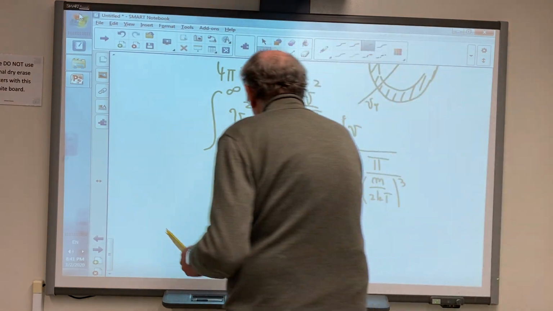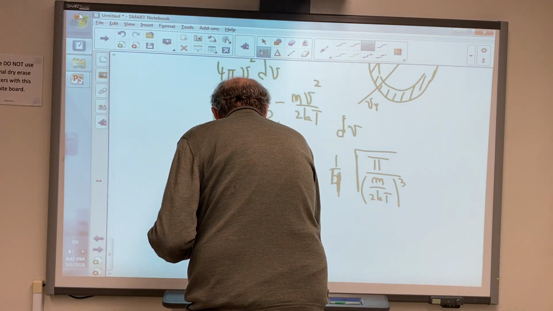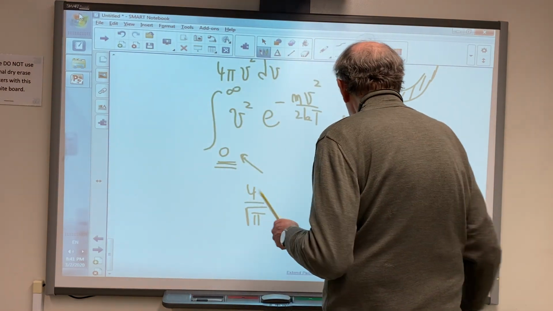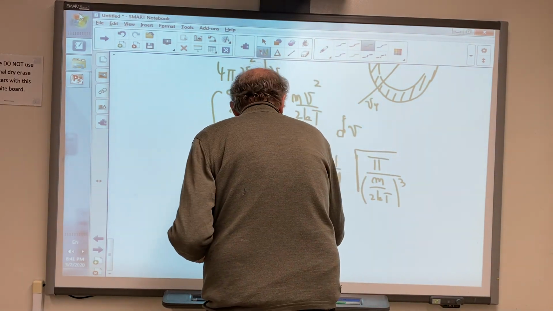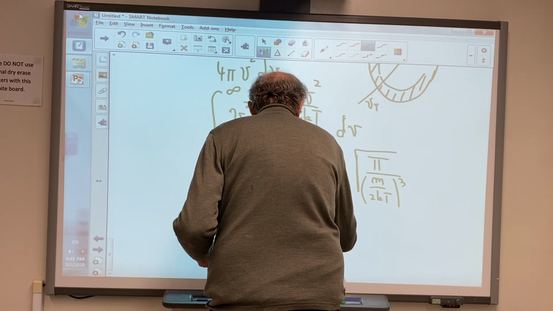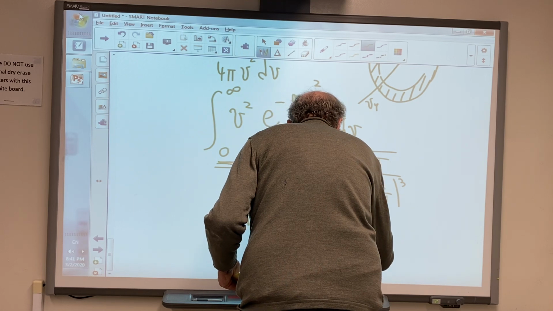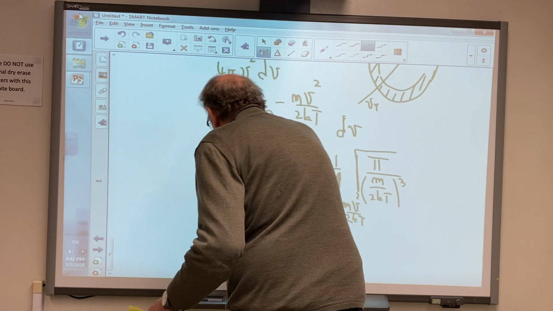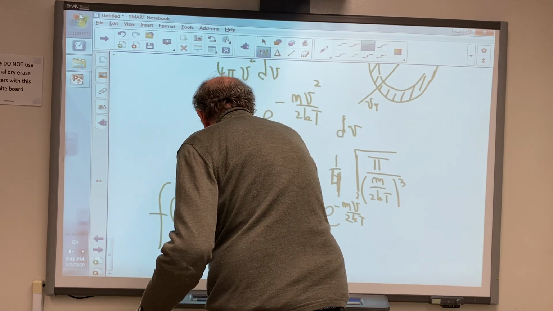So putting it all together, I get 4 over square root of pi, with m over 2kT to the 3/2 on top, multiplied by v squared e to the minus m v squared over 2kT. So that is the Boltzmann distribution, the Maxwell-Boltzmann distribution.